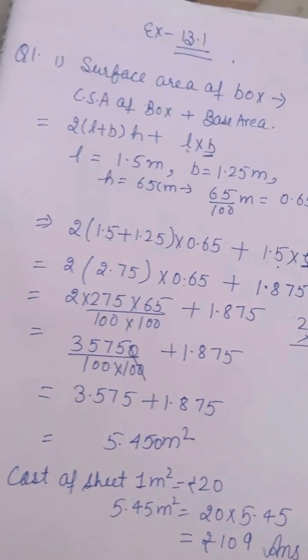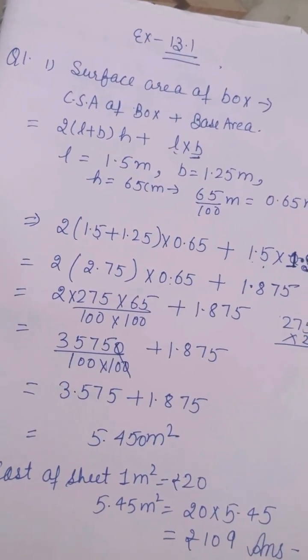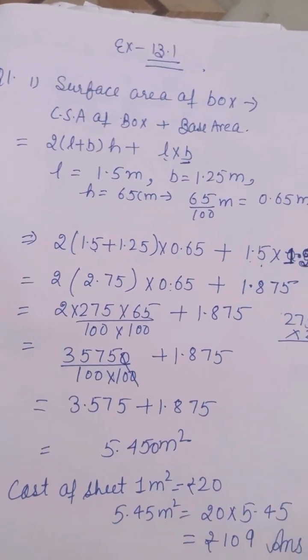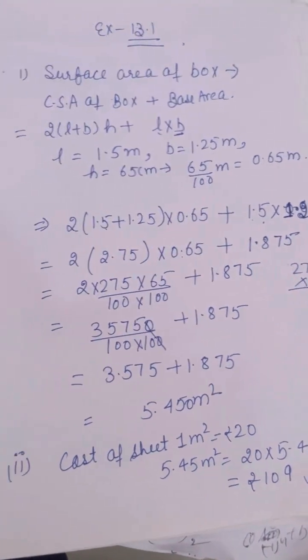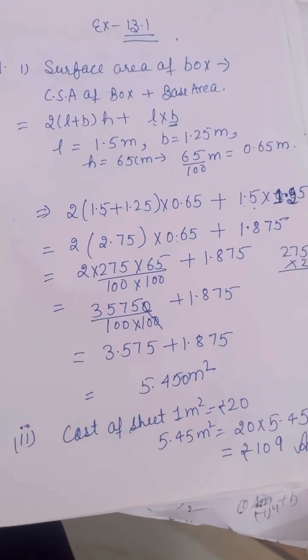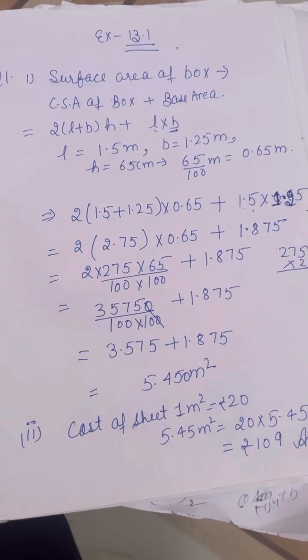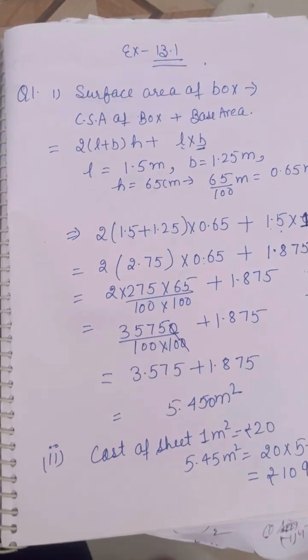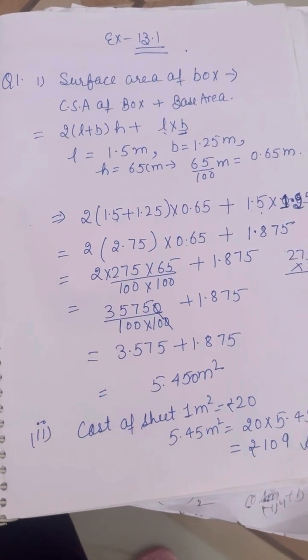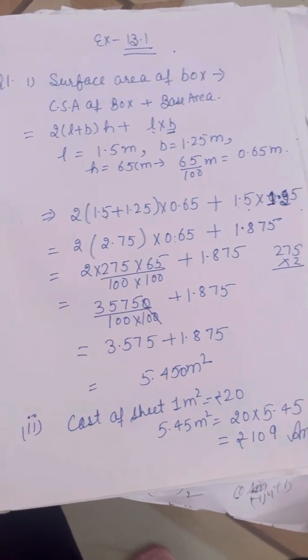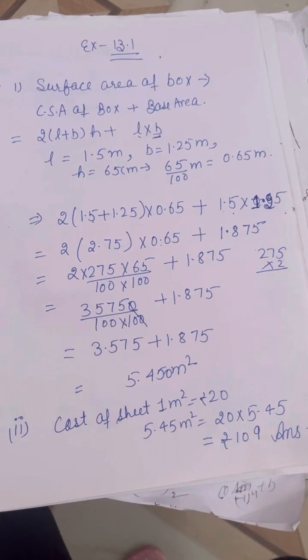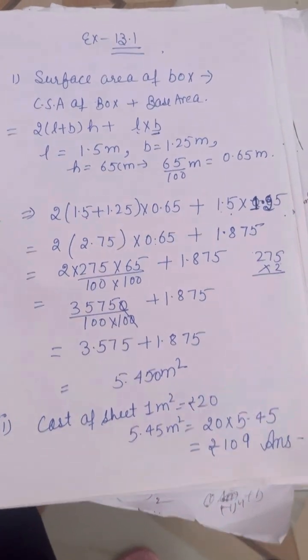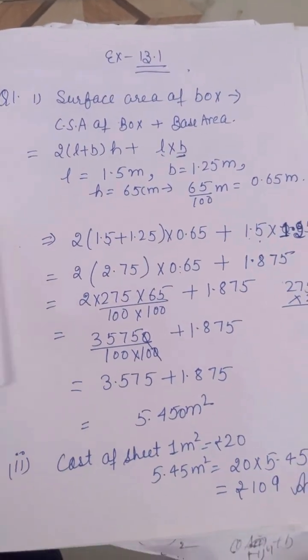When we multiply 2 into 2.75 into 0.65, we get 3.575, plus 1.875. After addition we get 5.45 meter square. This is the area of the sheet. After that, the cost of the sheet is given: 1 meter square is equal to rupees 20. So 5.45 meter square is 20 into 5.45, and we get 109 as the answer.